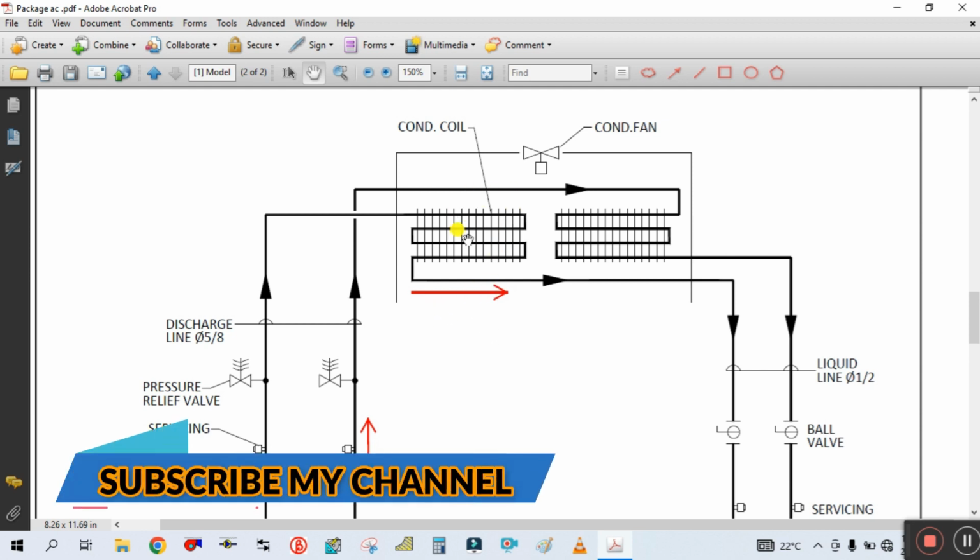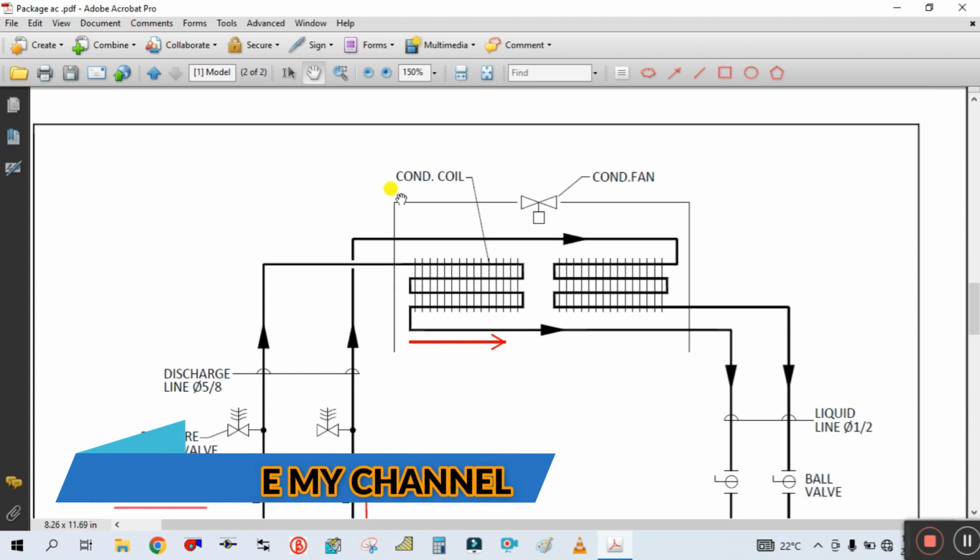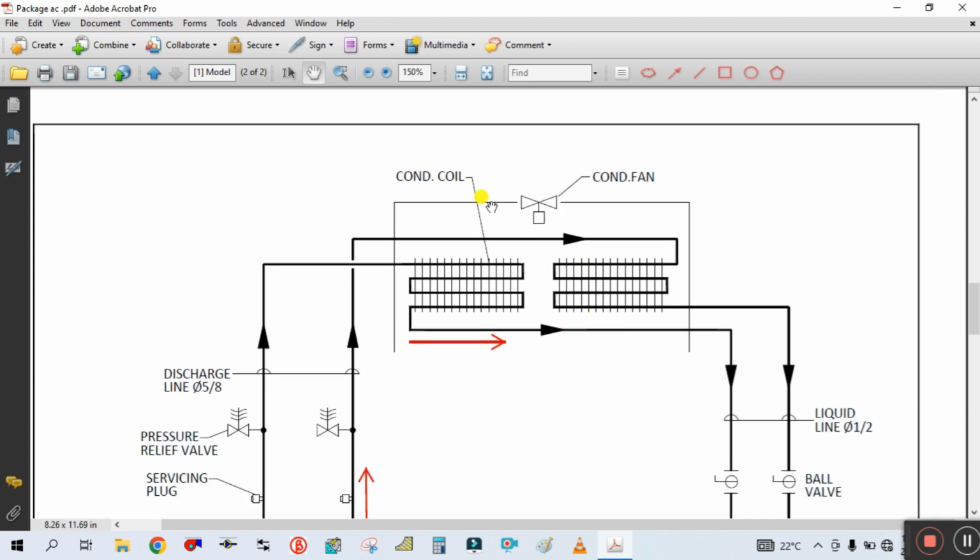It will change its phase inside this condenser coil. Once this high pressure and high temperature refrigerant enters the condenser coil, this fan will start running, and due to the fan running it will take air from outside.